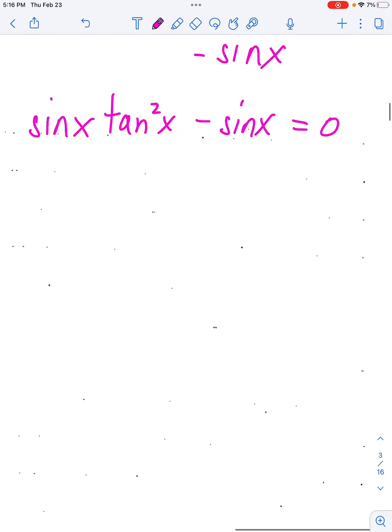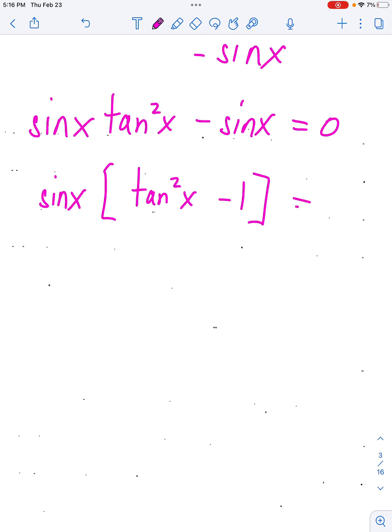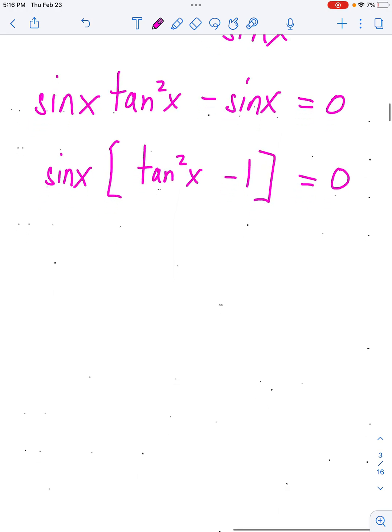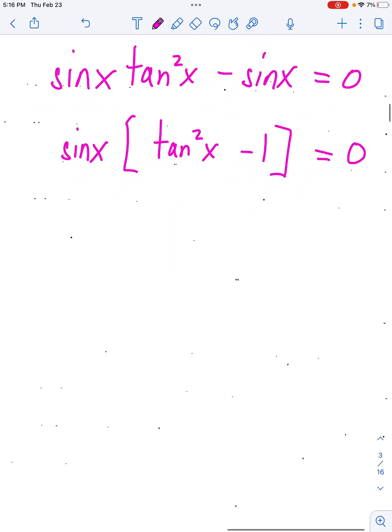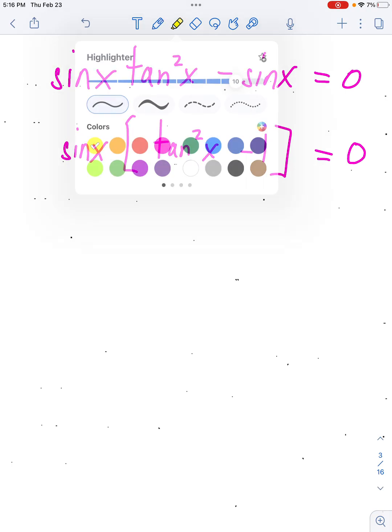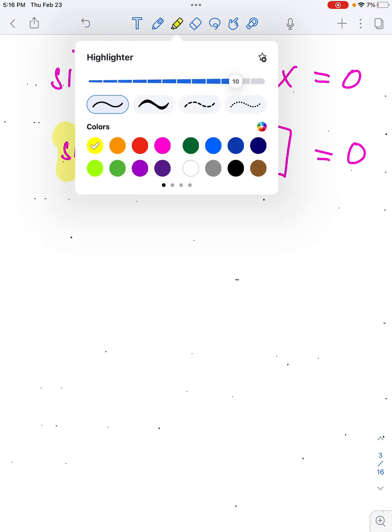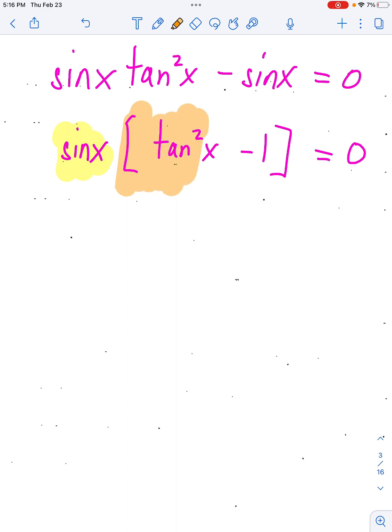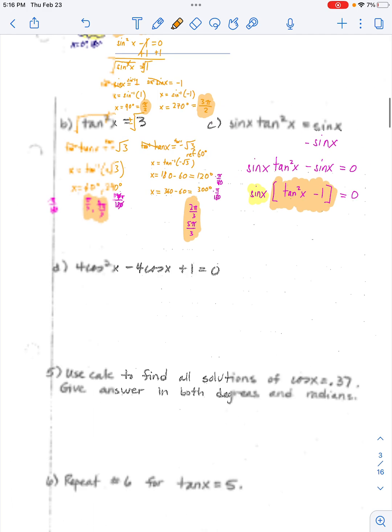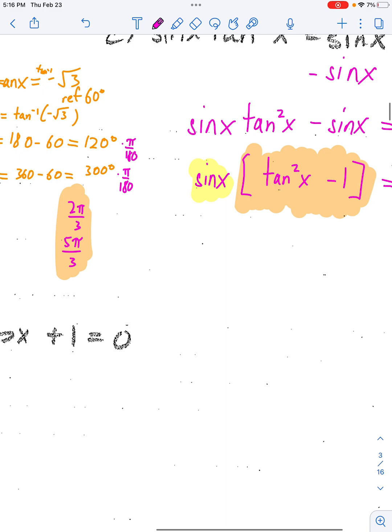We're going to factor out a sine x from both terms. All right, and then we've got 2 factors here. We can set them both equal to 0 and solve. Let's set sine x equal to 0.